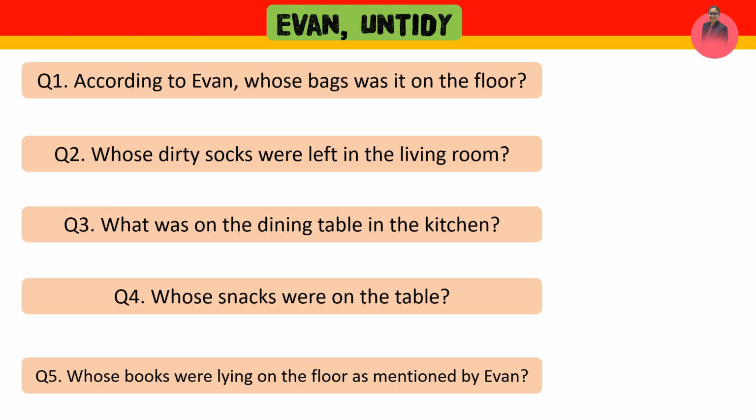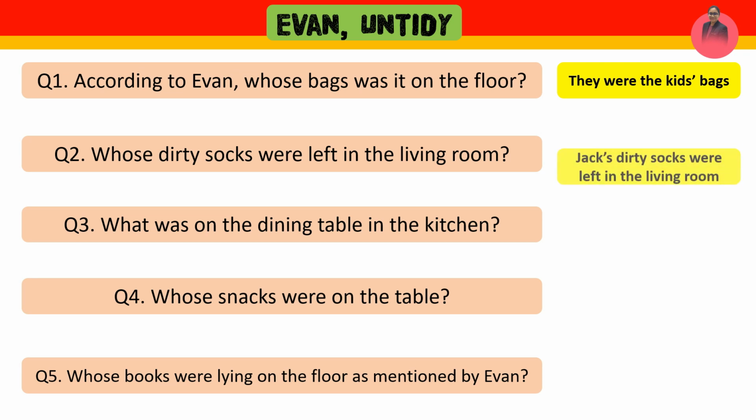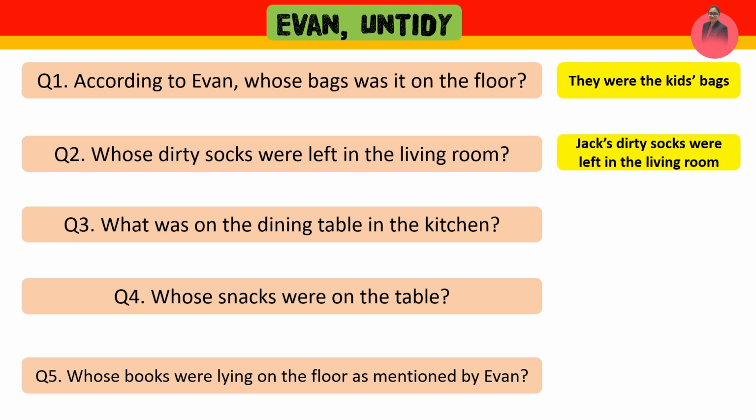The first question says, according to Evan, whose bags were on the floor? They were the kids' bags. Whose dirty socks were left in the living room? Jack's dirty socks were left in the living room. What was on the dining table in the kitchen?